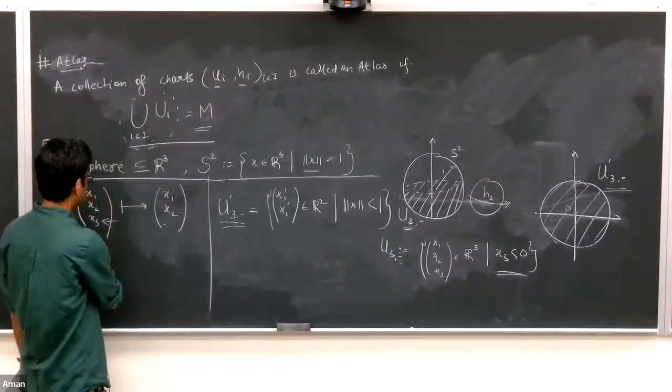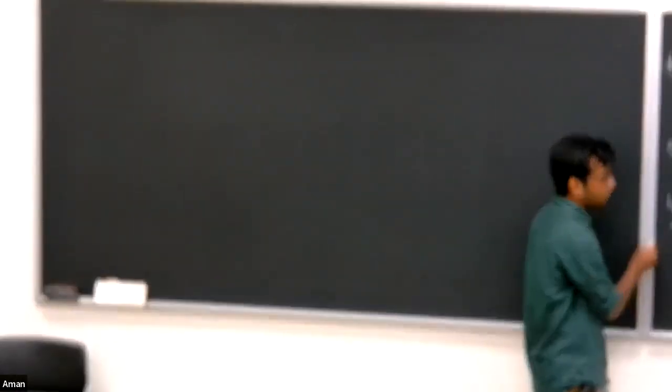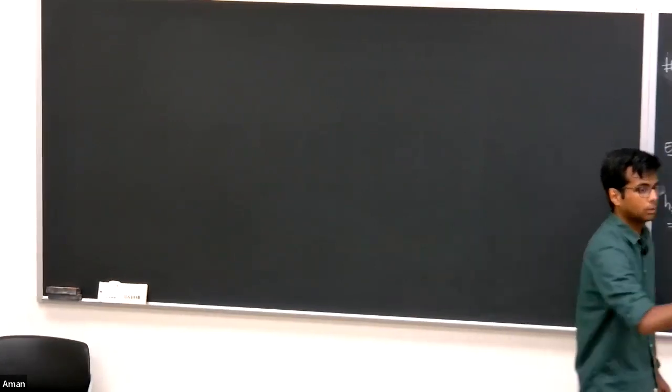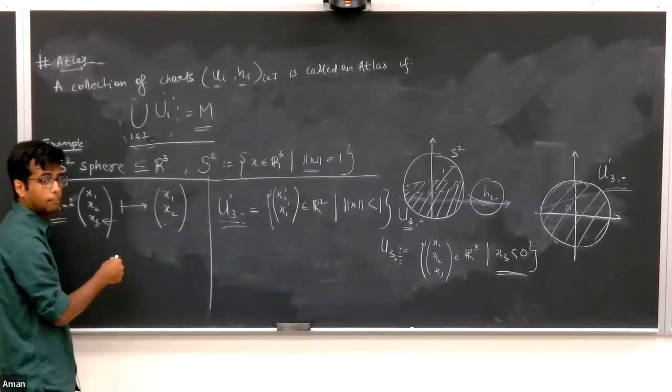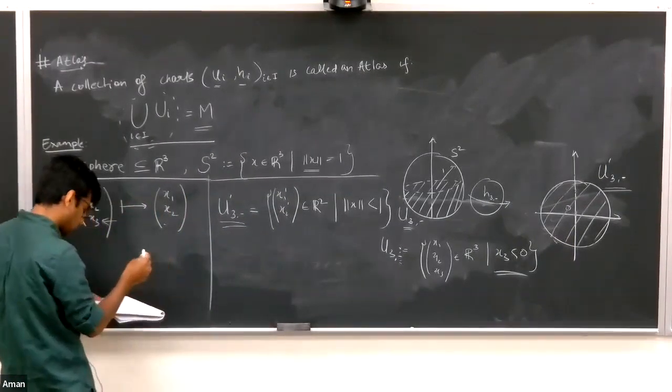Okay, so this is the forward H3 map. Now we want to see if the inverse map of this also should be defined, and we should be able to figure that out very easily.